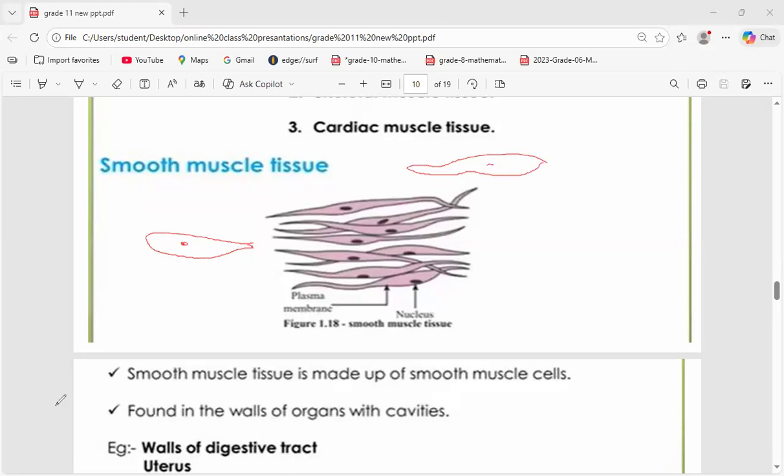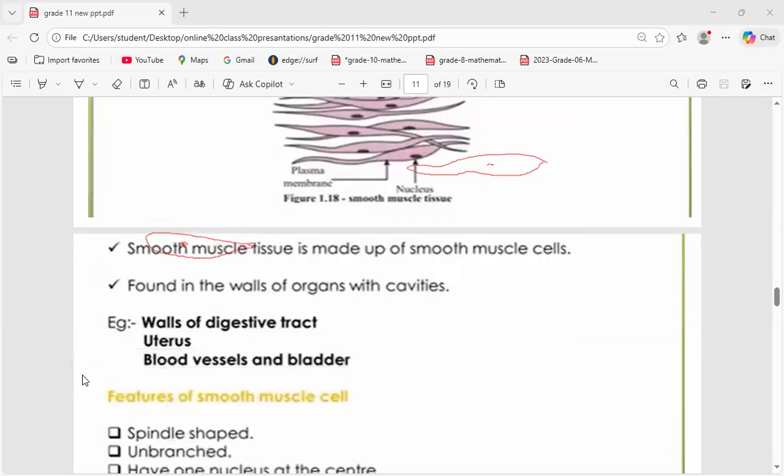Okay. Right. And let's see the smooth muscle tissues. Smooth muscle tissue is made up of smooth muscle cells, and found in walls of organs with cavities.